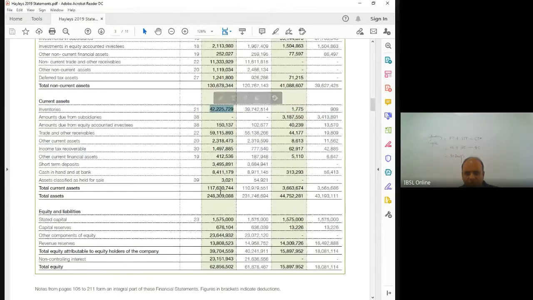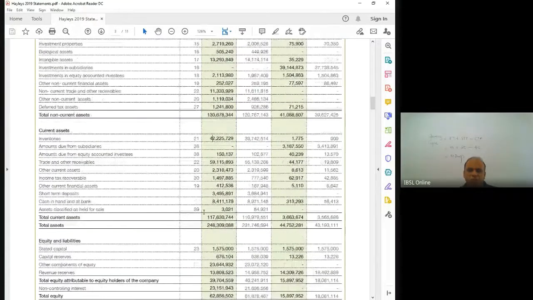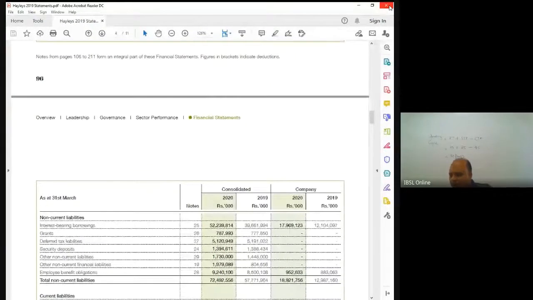So from 117 billion, you take out 42 billion. That will be your quick asset ratio related component. Okay. So likewise, you can calculate any ratio based on the financial statements that are given by a company or a business concern.